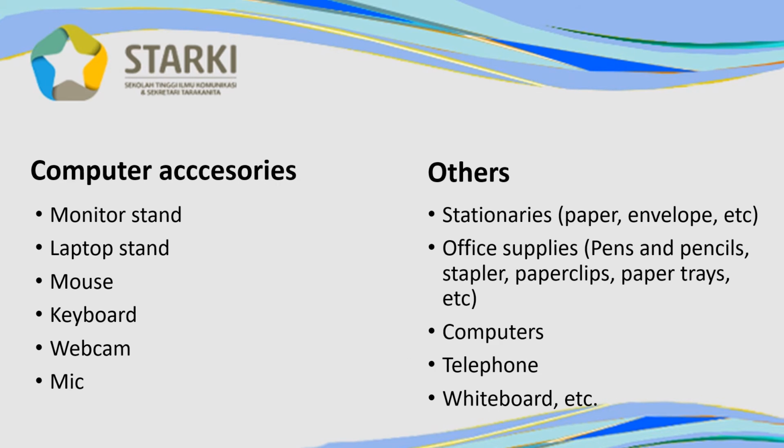Then computer accessories can be a monitor stand, laptop stand, mouse, keyboard, webcam, mic, etc. And also some other office equipment that we can see in the office, for example, stationery, office supplies, computers, telephone, whiteboard, and some other things.